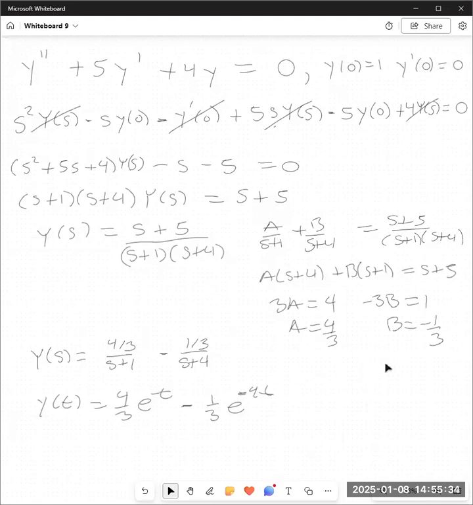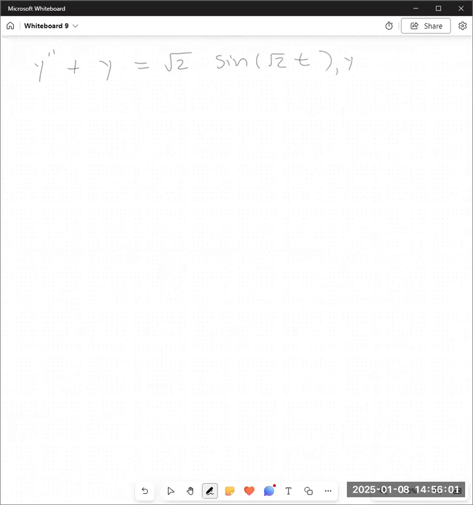Look now at number 41. It says y double prime plus y is equal to √2 sine of √2t. It says y of 0 is equal to 10, and y prime of 0 is equal to 0.